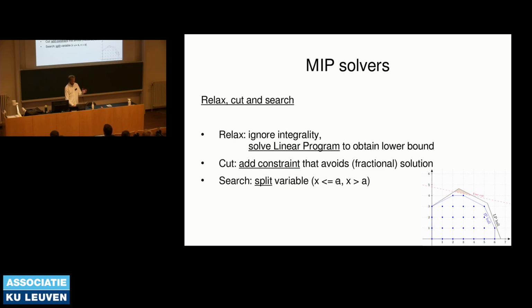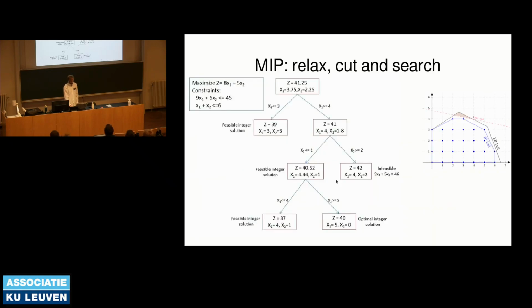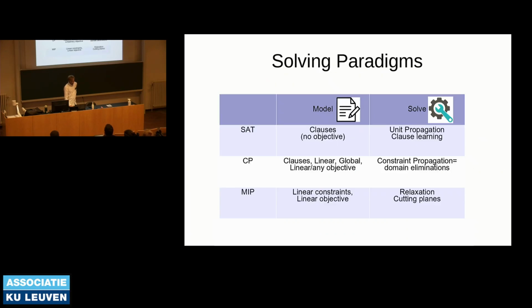At some point, you split on a variable, you divide it in the left part or the right part with respect to some threshold, and you do the same over and over again. All right. So I think I'm going to skip this one. So the idea here is that because you know exactly the structure of the constraints, they're all linear constraints and objective linear, you can actually do some more global reasoning about that formulation. Just like in SAT solvers, they can do global reasoning about the list of clauses.